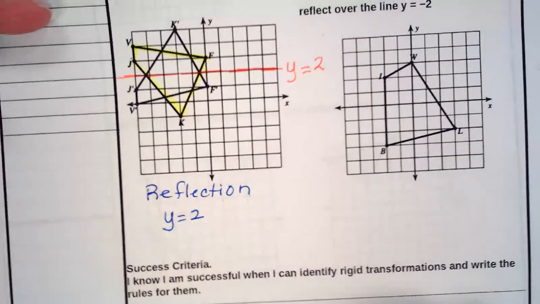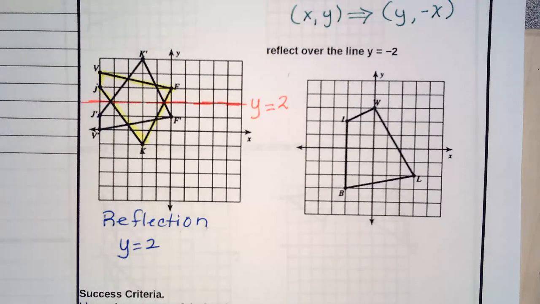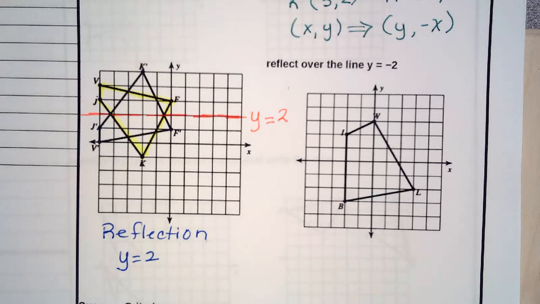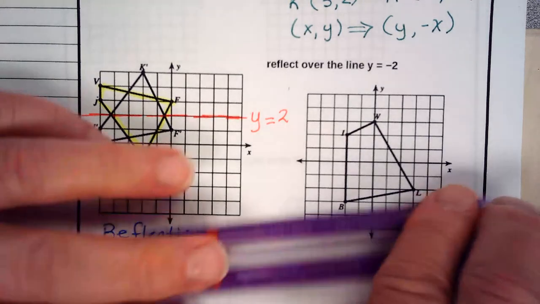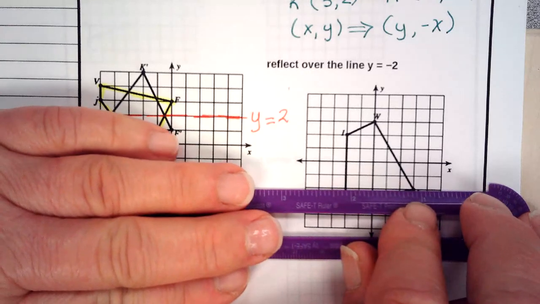Okay, for the last one, we're going to reflect over the line y = -2. What is your first step? What should you do first? Pause the video and draw the line y = -2. So this will be the horizontal line here.